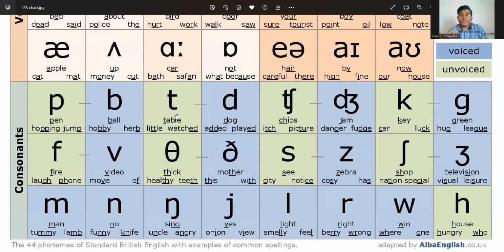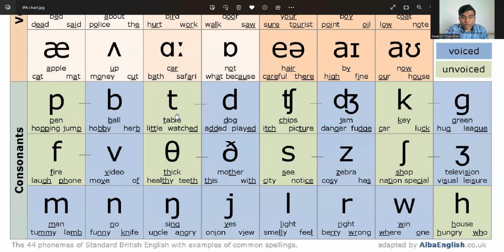Versus the voiced sounds. To produce these voiced sounds, you need to use your vocal cords: ba, wa, ma, na. There is some vibration happening over here, and then these sounds are produced.